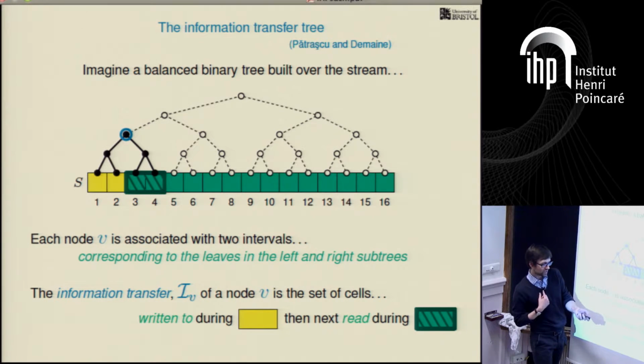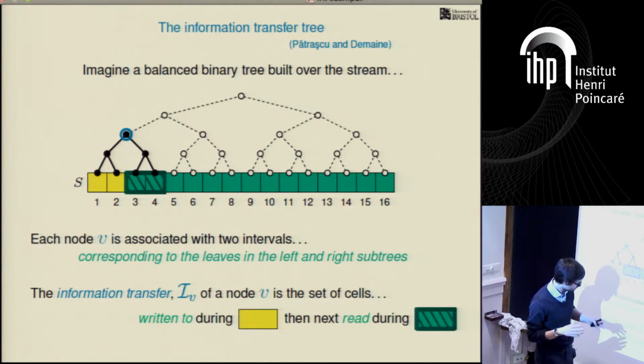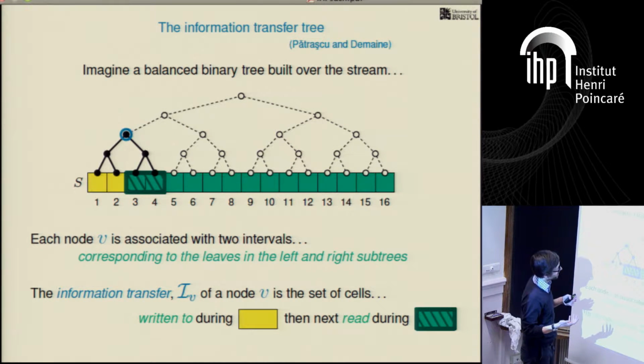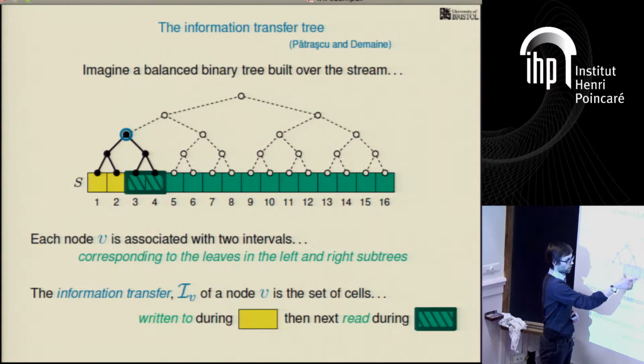This gives you a set of cells, but you should really think of it as a set of probes in some sense. So what I'm saying is I've associated these cells, but these are really reads. They're reads that the algorithm did while processing this stuff that were previously written to in this stuff.